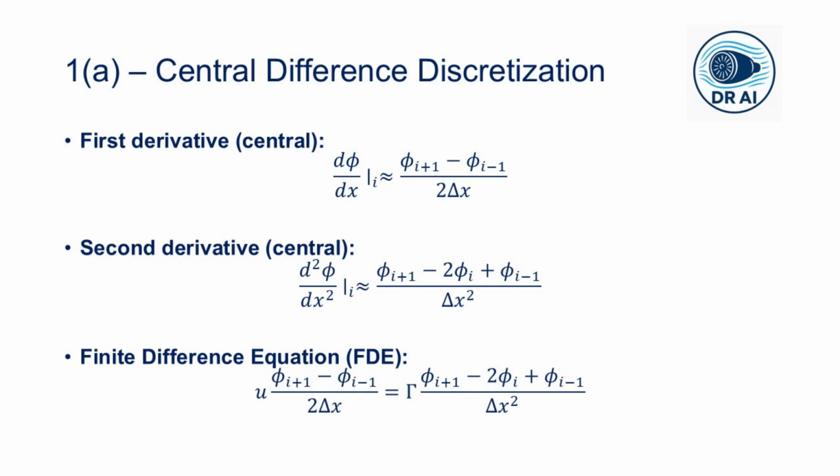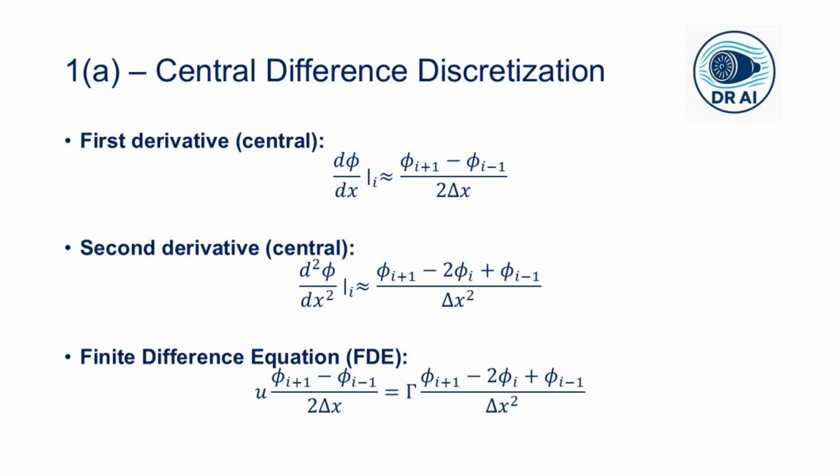Similarly, the central difference for the second derivative uses three points. It's the difference between the forward and the backward first differences divided by delta x, which essentially gives an approximation to the curvature. So we substitute these approximations directly into the partial differential equation and we get the finite difference equation as displayed over here.